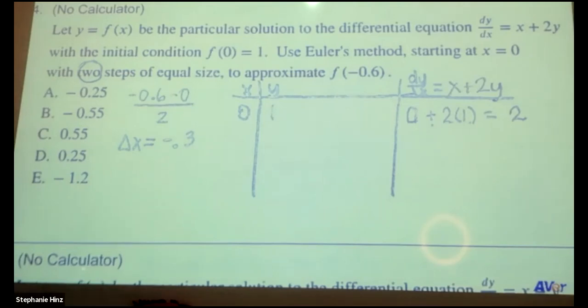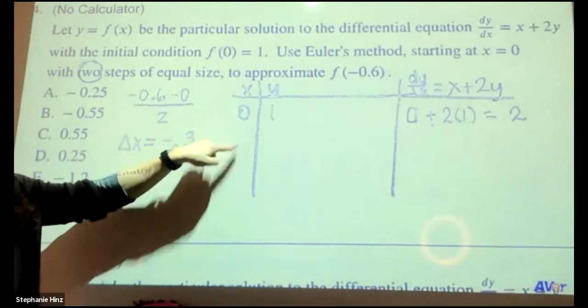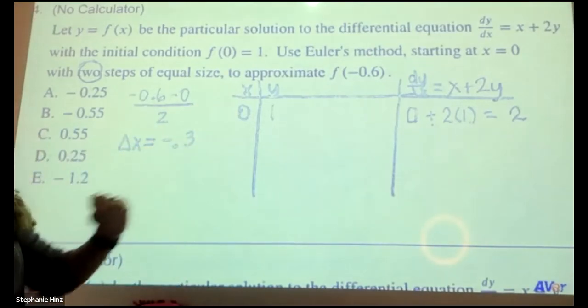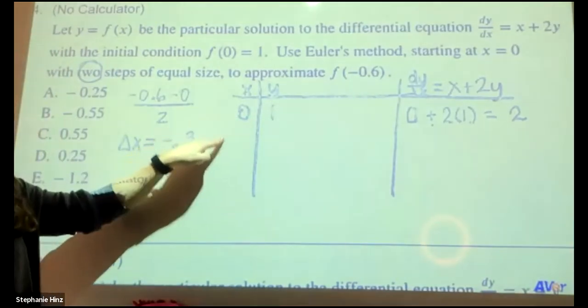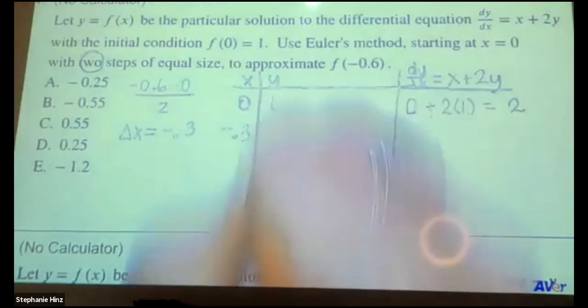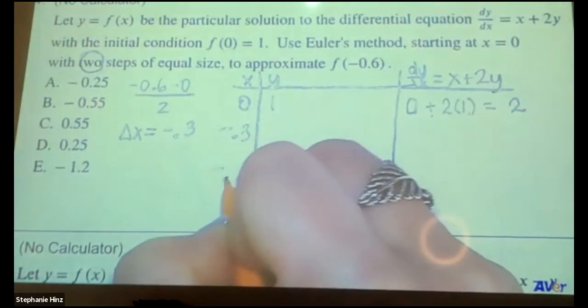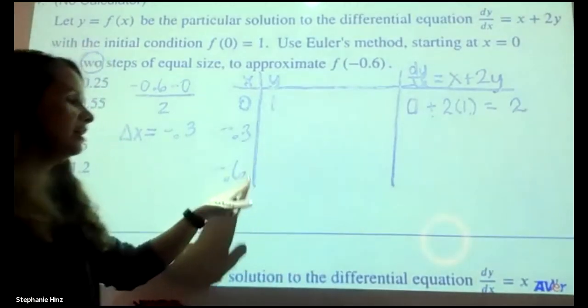Now my delta x is what controls this here and here. I want 2 steps, and I want to get to negative 0.6. So going from 0 down 0.3 is going to be negative 0.3. And then if you do it again, we're going to be at negative 0.6, and that's my goal. So this is going to be my stopping point when I get right here.